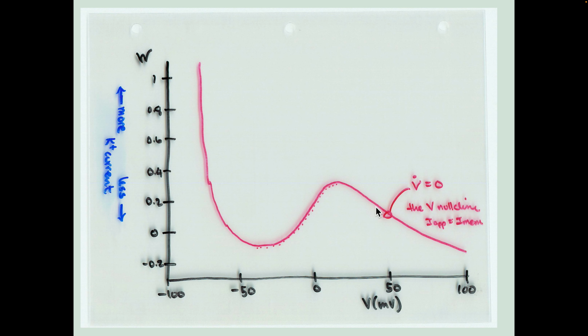If you fixed the gating variable W, this would correspond to a stable steady state that was hyperpolarized, another stable steady state that was depolarized, and then an unstable steady state between them. So people sometimes refer to this as the stable, unstable, and stable branches of the voltage nullcline.